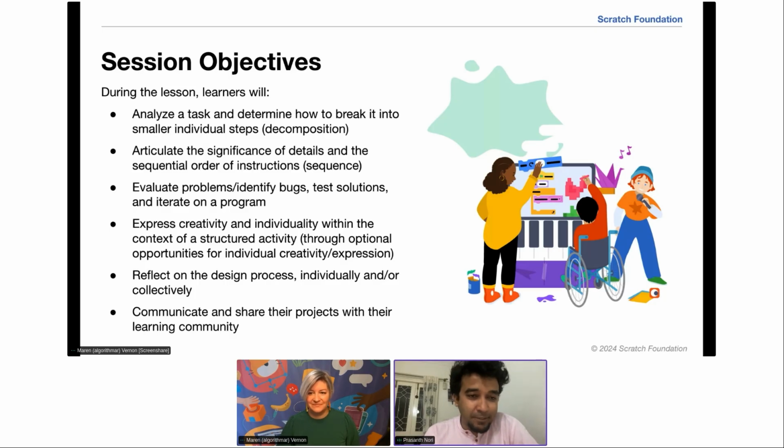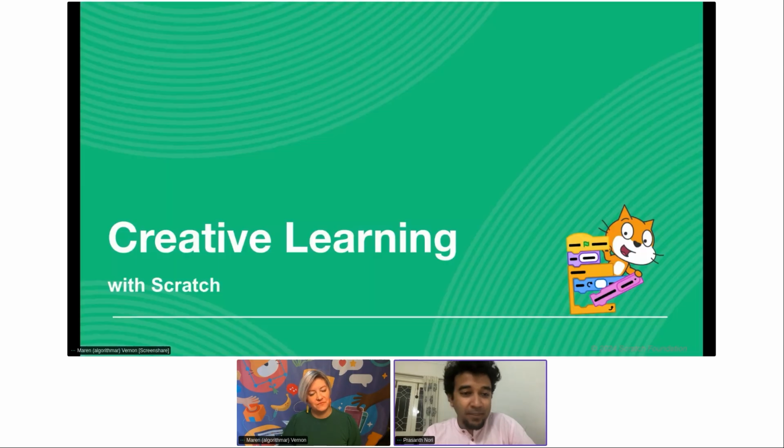So just to walk you through these objectives very quickly: analyzing a task and determining how to break it up, so a little bit of decomposition; articulating the significance of details and sequences; then evaluating problems, identifying bugs, a little bit of debugging and iterating; some time around expressing creativity and individuality within the context of a very structured activity; and finally, reflecting on the design process individually and communicating and sharing projects with their peers, right? So these are the different objectives we have lined up today.